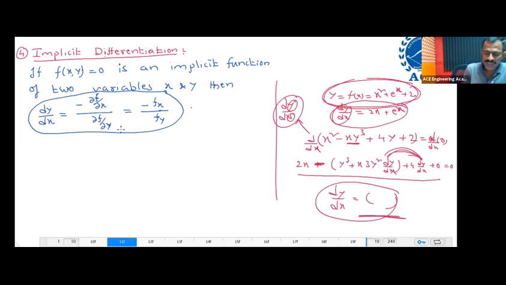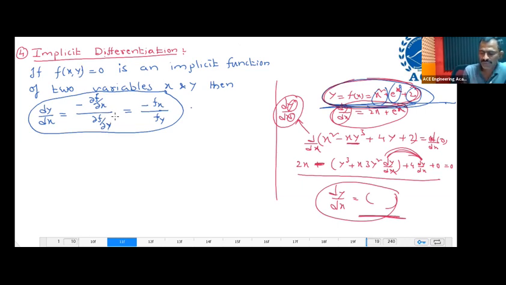But this implicit differentiation is not only for implicit functions, we can use this for explicit functions also. Whenever the explicit function is a sum of many terms, not only 2, 3, 4, if we have sum of many terms in the explicit function, in such case also, if you want to write the derivative, we can use this. So this implicit differentiation method is not only for implicit, it is also for explicit.